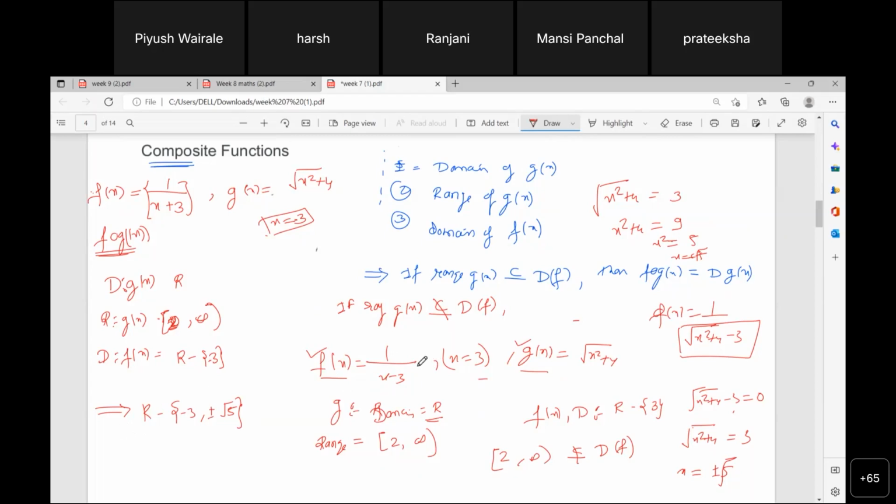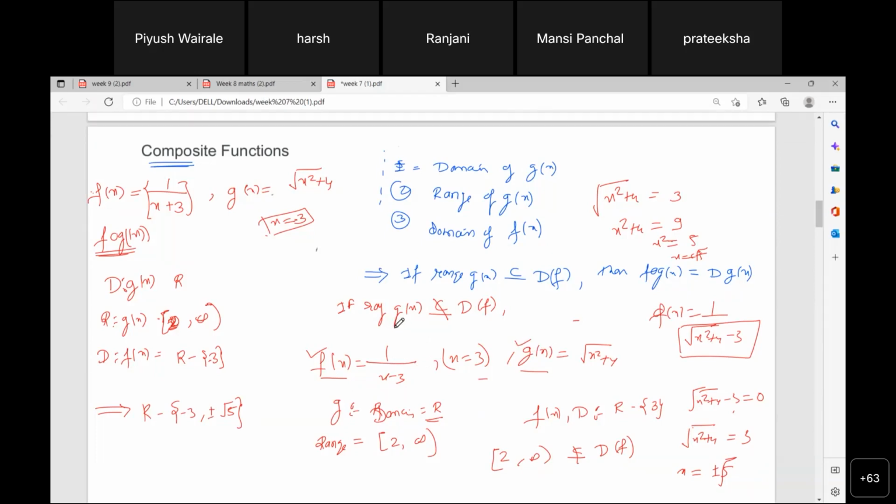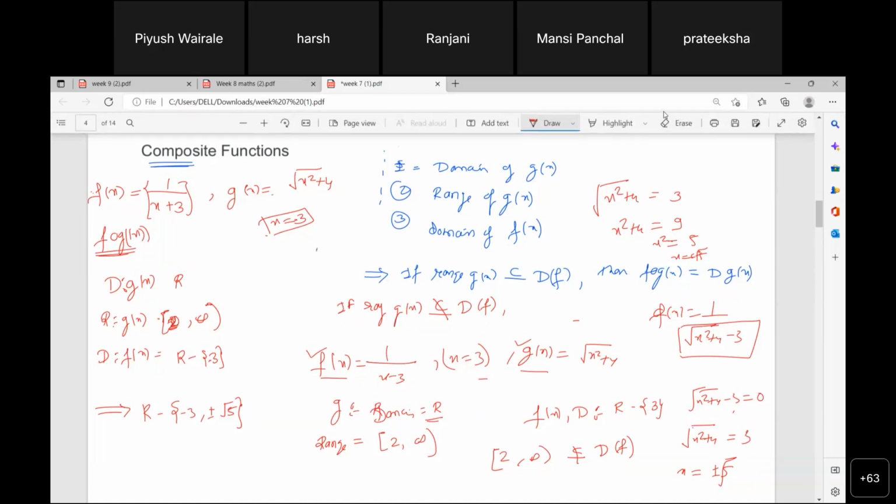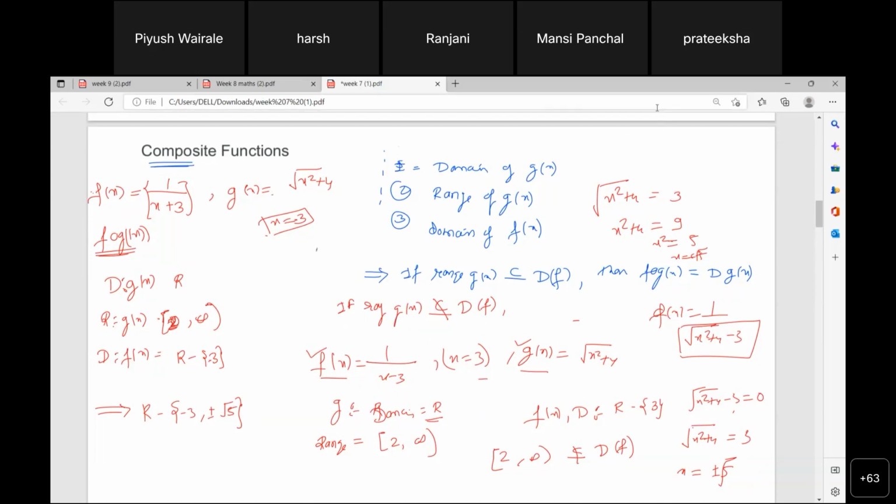But f of g of x, it is valid for x equal to 3. So in the answer, R minus minus 3 and plus or minus root 5, we can remove 3, because at x equal to root 5, g of x is equal to 3. So that 3 is already removed.